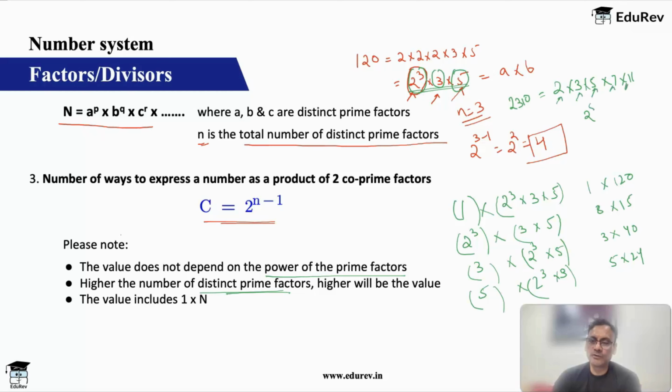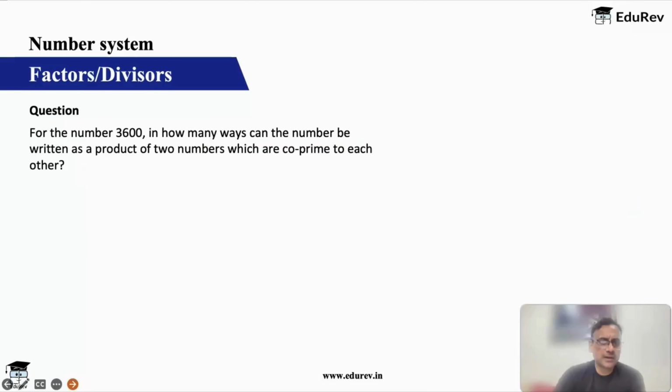So it will be 2 to the power 5 minus 1, or 2 to the power 4, or 16. It will have 16 pairs. Also remember that the answer includes 1 into n. 1 into 120 is included.